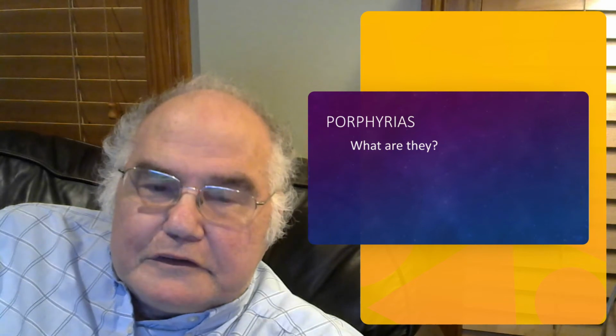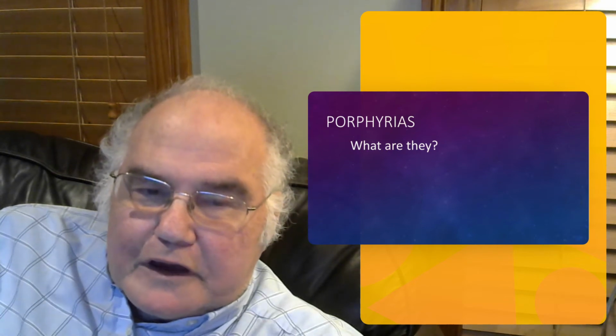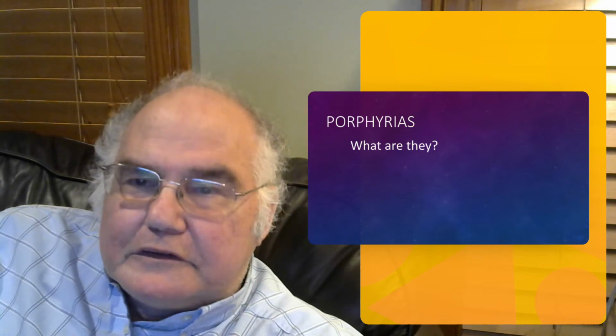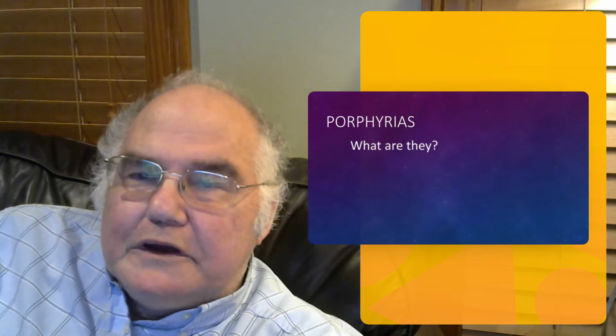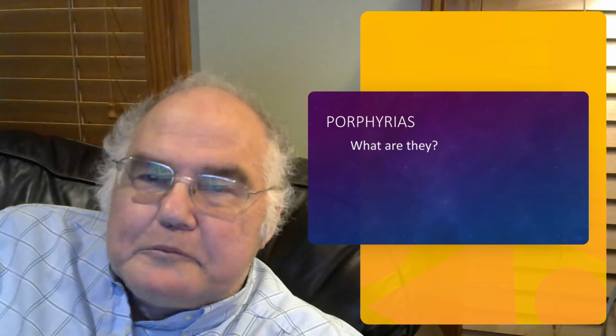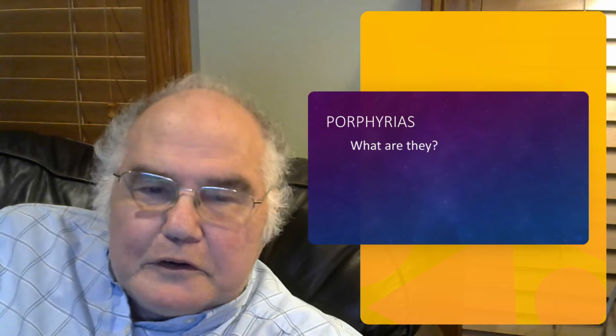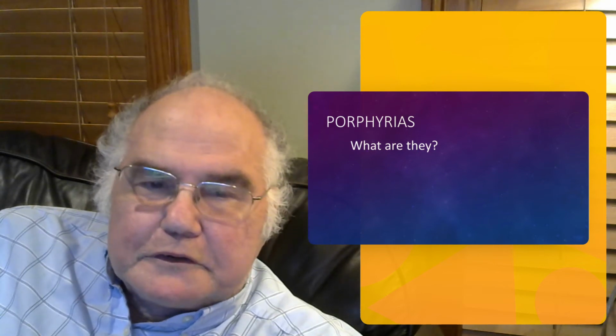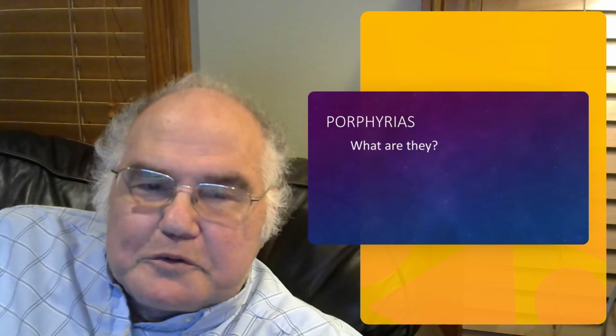And each different porphyria, in addition to having a unique enzyme which is deficient, also has a unique clinical picture and biochemical profile with the accumulation of the heme precursors. So that pretty much tells you what they are.